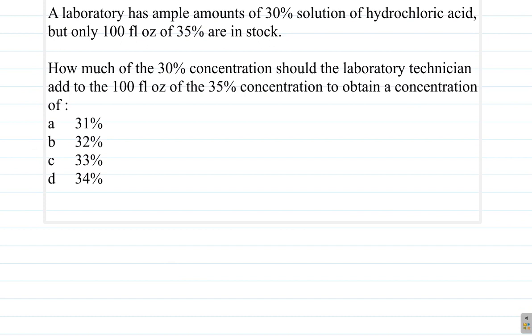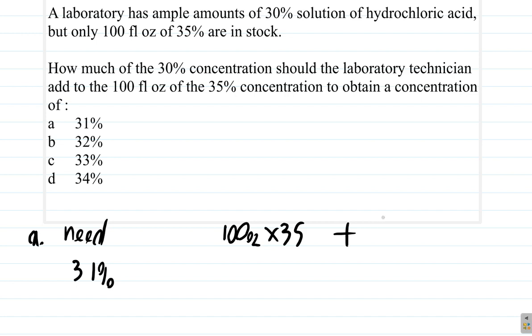Now, what do you need in the first case? You need a 31% solution. You have a limited amount of the 35% concentration, so you have 100 ounces of the 35% concentration. You're going to add it to a certain amount of the 30% concentration.